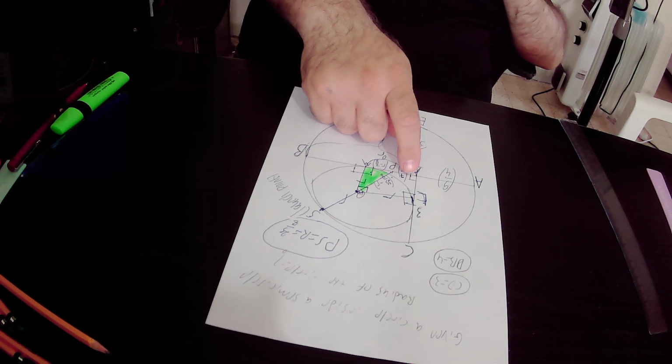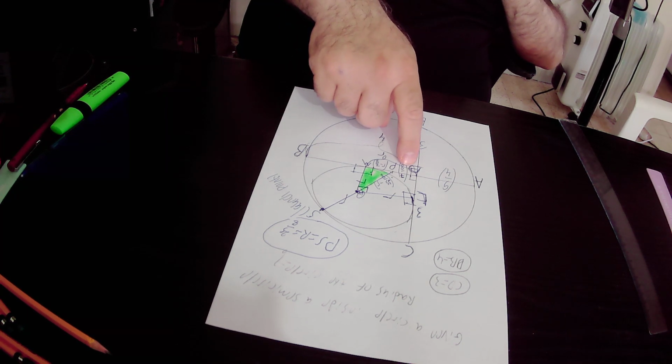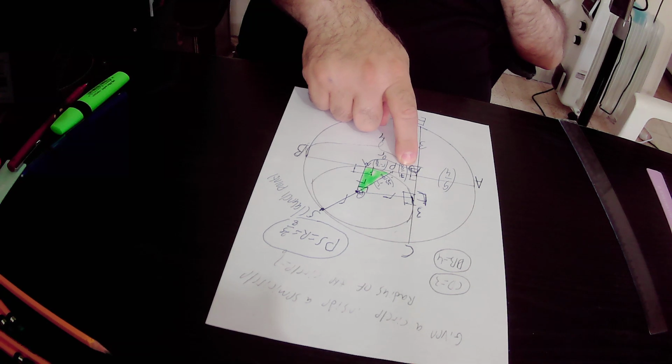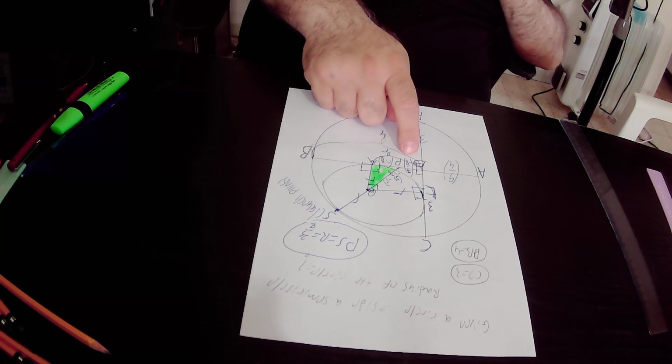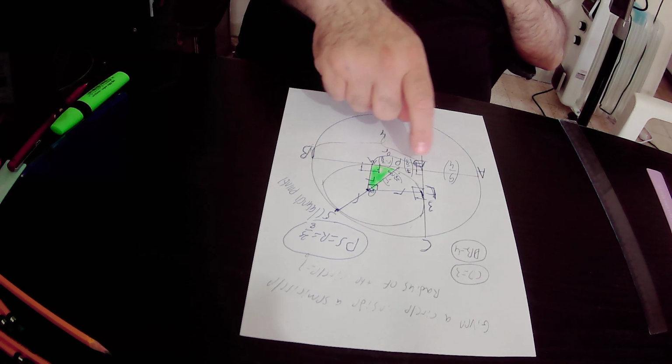We know that angle CDE equals to 90 degrees, and angle EDB is also equal to 90 degrees. Therefore, ED is the mirror image of CD.